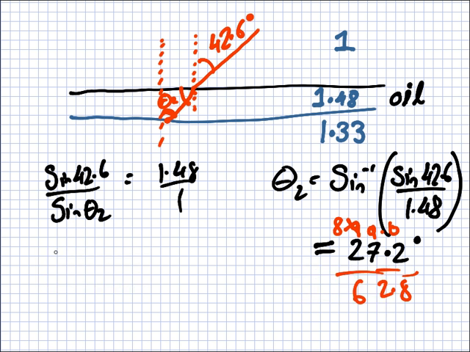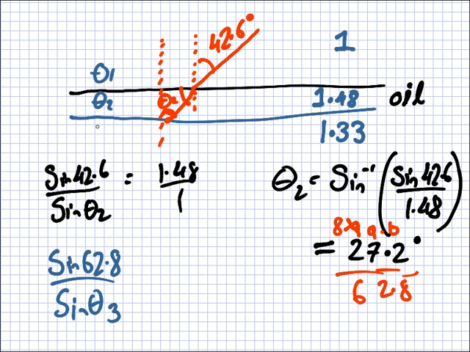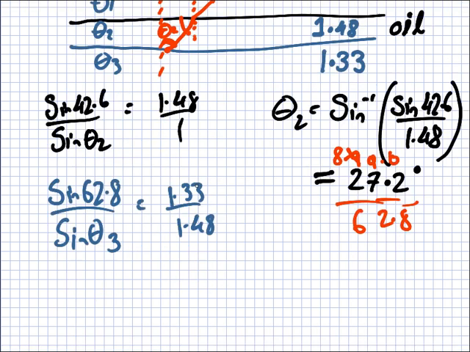So I can say sine 62.8 over sine theta 3, if we go like theta 1, theta 2, theta 3, that's equal to 1.33 over 1.48.